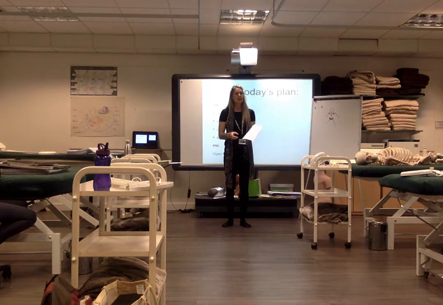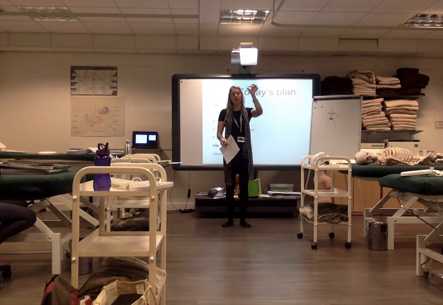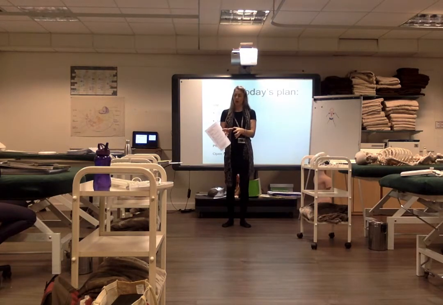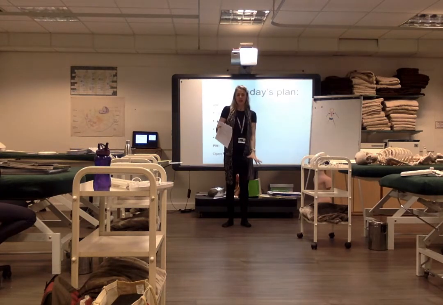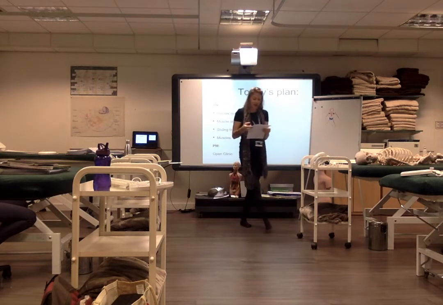Vertebrae is irregular because the size of your C1, C2 is so different from the size of your L4, L5, because it's much more about structure and weight bearing, where C1, C2 is much more about mobility. And therefore, the whole shape changes because of its function. So therefore, it has to be irregular.